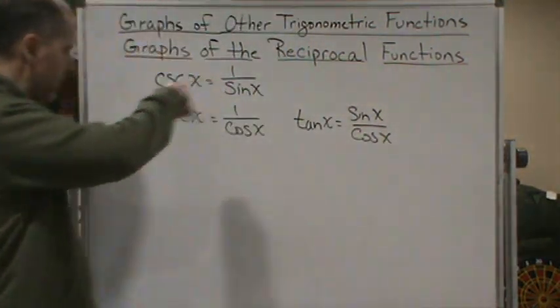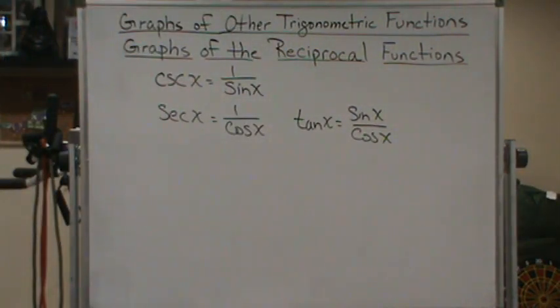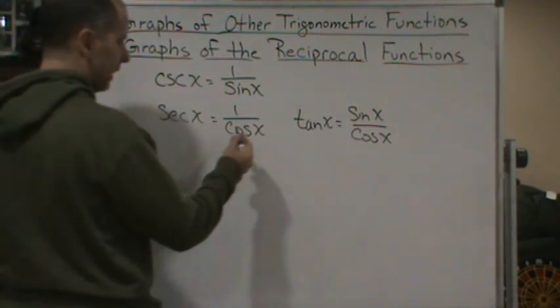Tangent x and secant x are going to have asymptotes at the same locations, wherever cosine is 0.